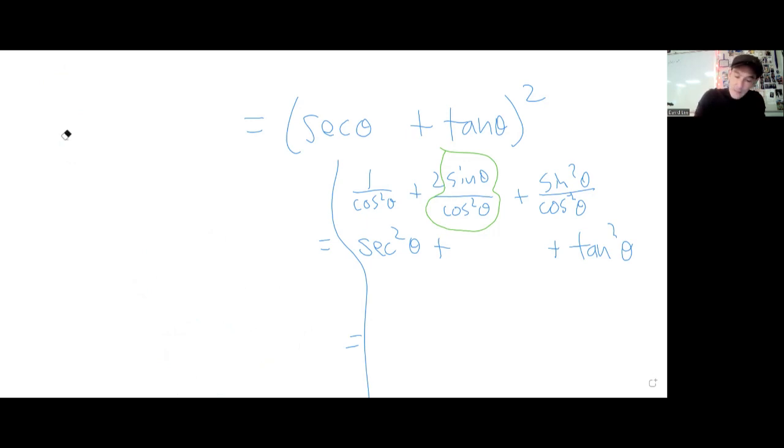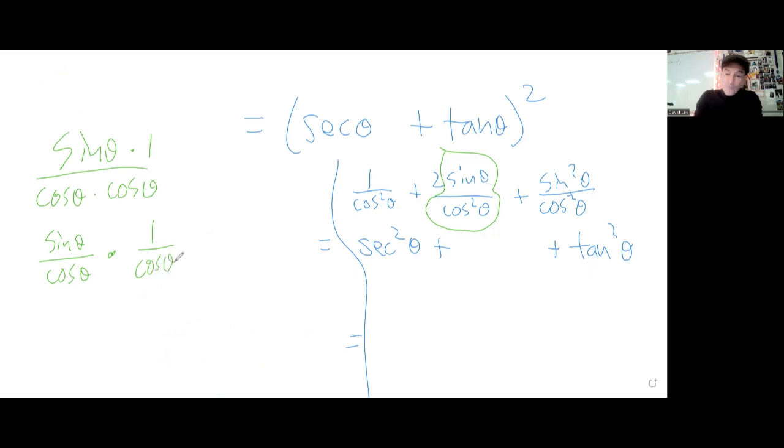So that says, let me go to a pencil here, we have sine over cosine squared, which is nothing more than cosine times cosine. Let me break this apart as sine over cosine times 1 over cosine. Sine is in the top, the 1 is free, and the bottom is cosine times cosine.